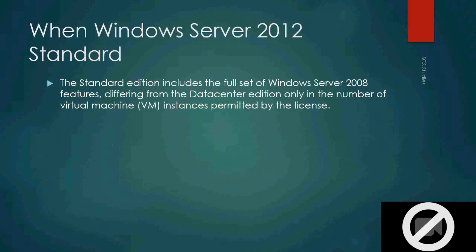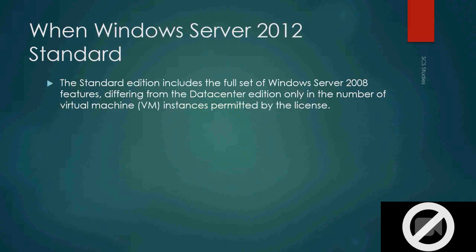When we are going to use Windows Server 2012 Standard, the Standard Edition includes the full set of Windows Server 2012 features. It has all the features available in 2012. Different from the Datacenter Edition, only the number of virtual machine instances permitted by the license differs. So the only difference is that it supports only two virtual instances.